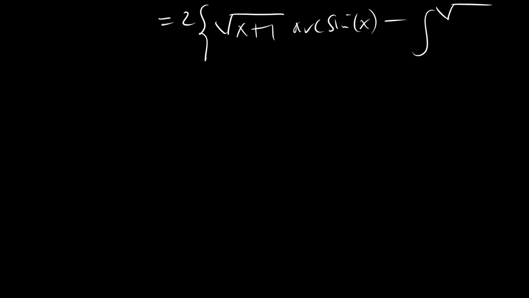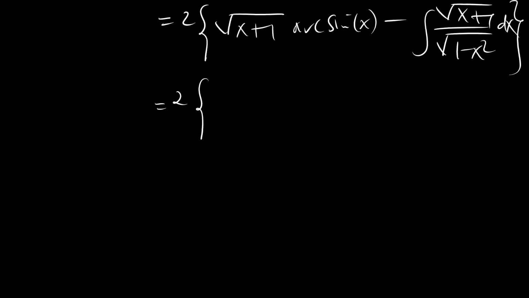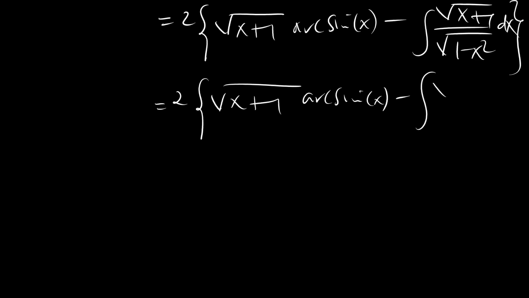Okay, so we've come to here, square root of x plus 1 over 1 minus x squared. So we can also see that this is the same as 1 plus x, 1 minus x.